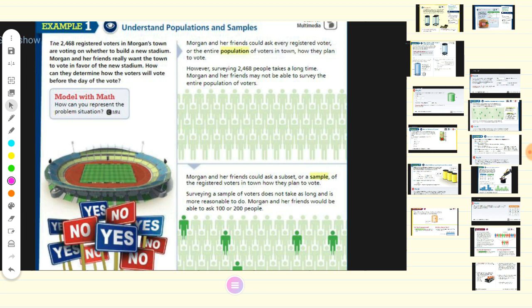The 2,468 registered voters in Morgantown are voting on whether to build a new stadium or not. Morgan and her friends really want the town to vote in favor of a new stadium. How can they determine how the voters will vote before the day of voting?